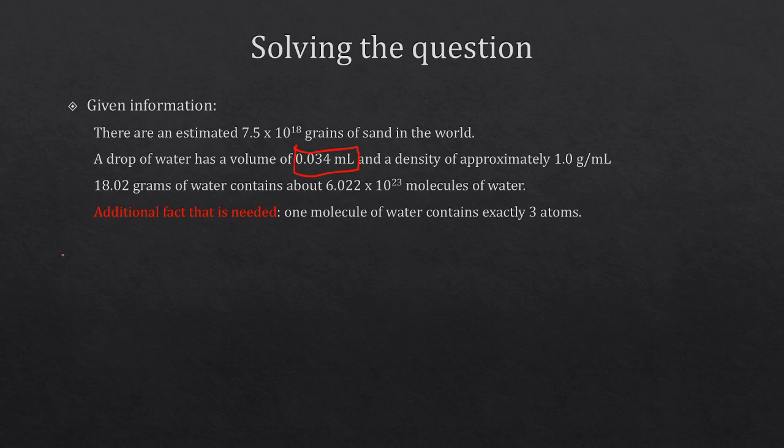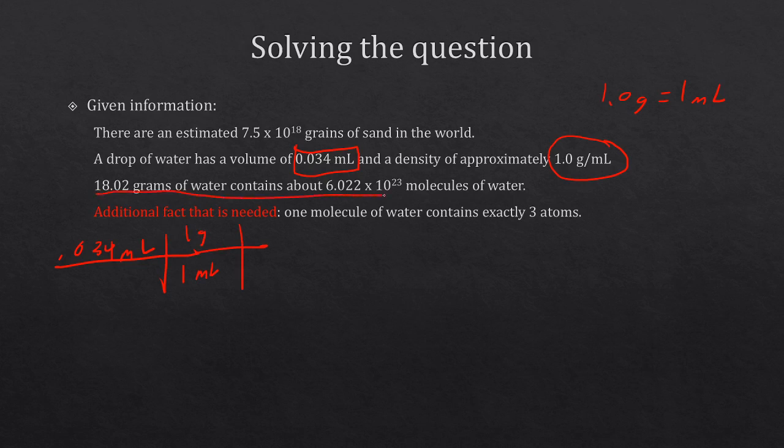So we're going to start with our 0.034 milliliters. And I may not be 100% sure where to go from here, but I know that the only thing I have that can convert milliliters to anything is my density. I know that 1 gram of water has a volume of 1 milliliter. So for my 1 milliliter, I get 1 gram of water.